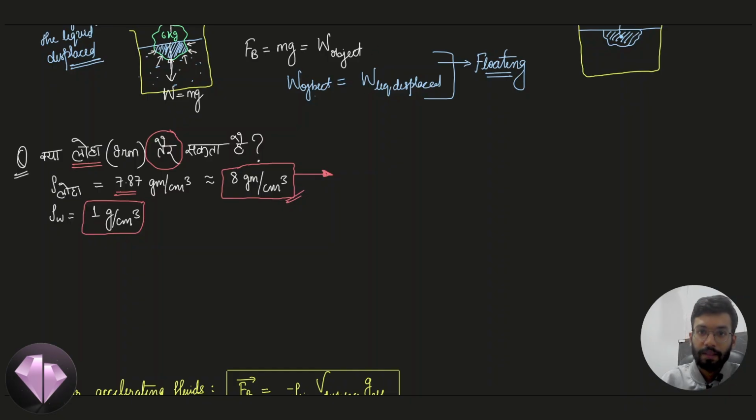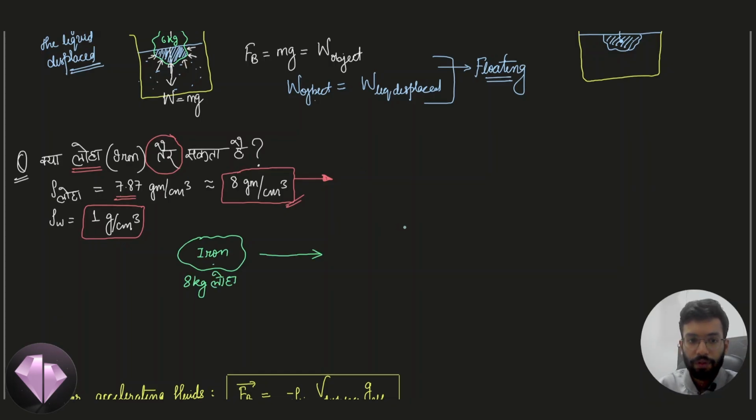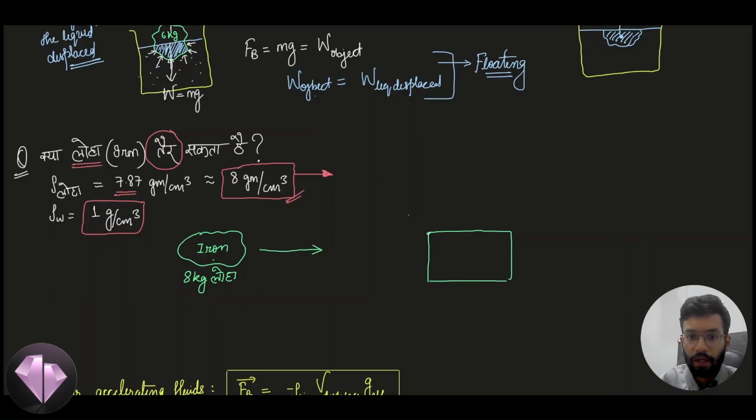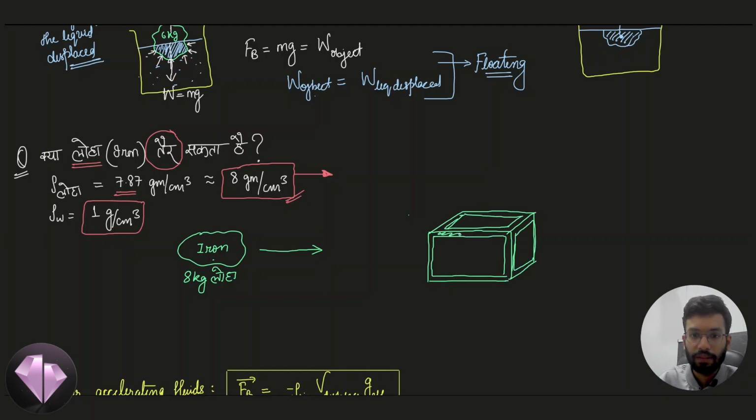Let's take 8 kilograms. So over here, take 8 kilograms of iron. So this is my iron and this is 8 kilogram. So now what you need to do is to create a cuboid out of this 8 kilograms of iron, and the cuboid is hollow from inside, and this is iron, right?